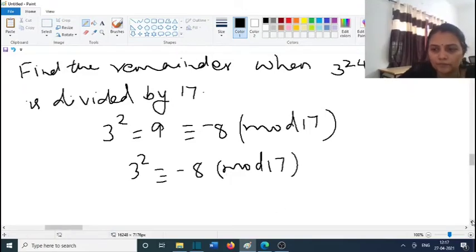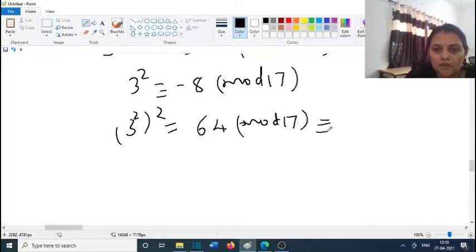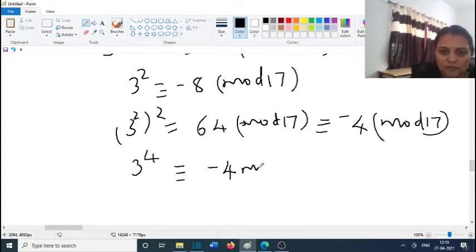Now 3 square all square is equal to 64 mod 17, and we can subtract multiples of 17. 68 is a multiple of 17, so 64 is minus 4 mod 17, that is 3 raised to 4 is congruent to minus 4 mod 17.